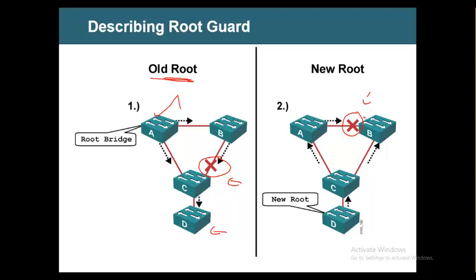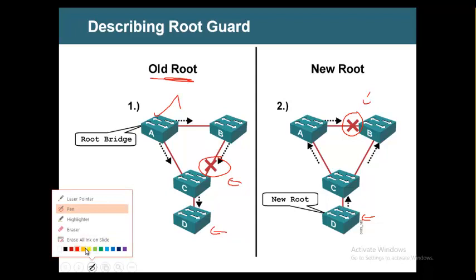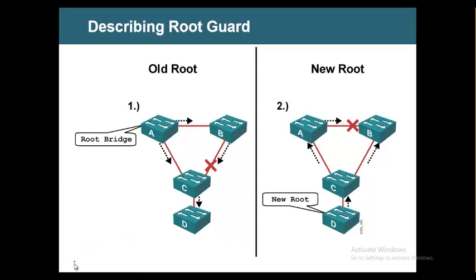So what he does is he sends a superior BPDU. Listen, I told you the root switch is a point of reference for all other switches. Root switch is a point of reference, meaning all traffic will pass through the root switch.